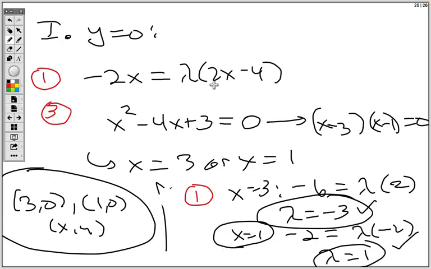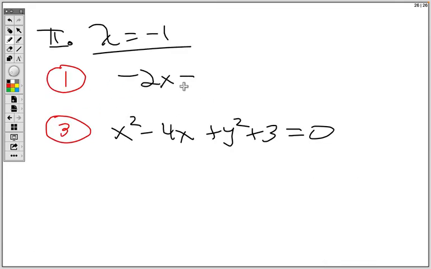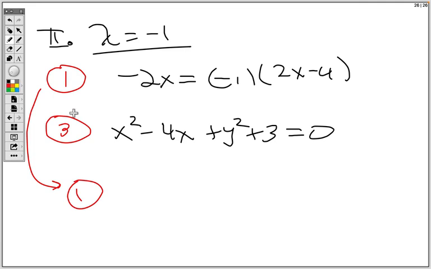But let's look at equation 1. If I plug in lambda is -1, I get -2x equals -1 times 2x minus 4. And so what happens here with equation 1? What happens to the 2x's?